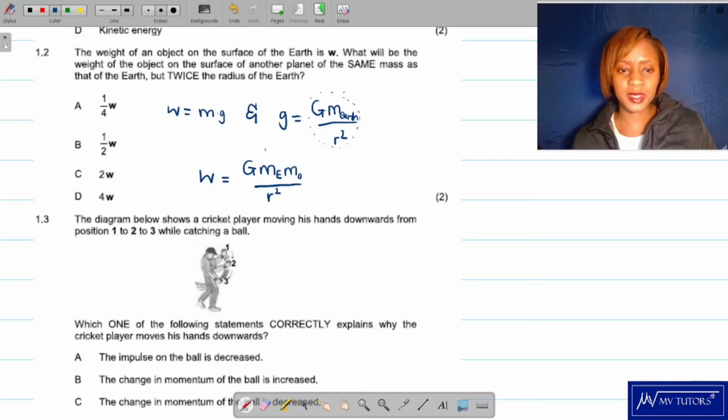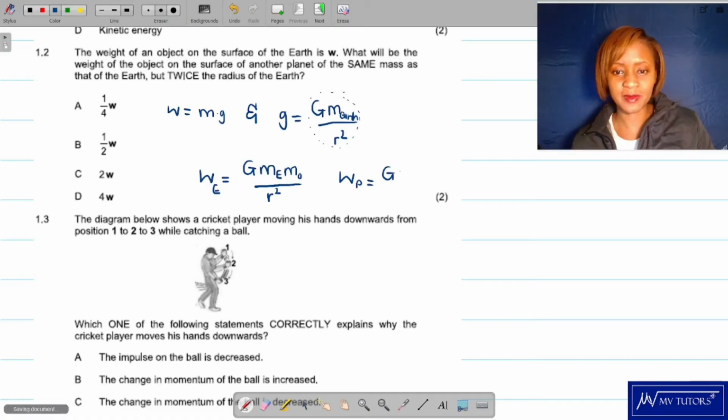So here on earth, this is what the weight is, but on that other planet, so this is earth and this is the other planet, we are told that the mass of the object stays the same. So the mass of the object is the same, and the mass of the planet, but we have twice the radius of the earth.